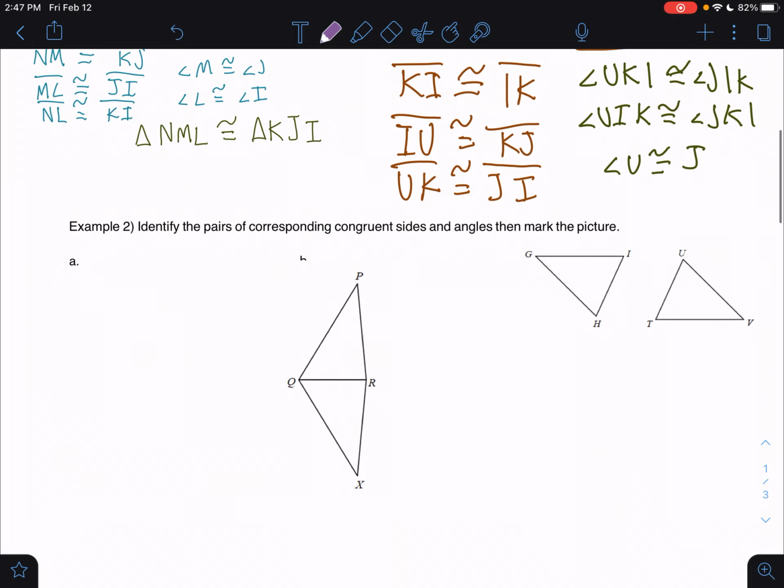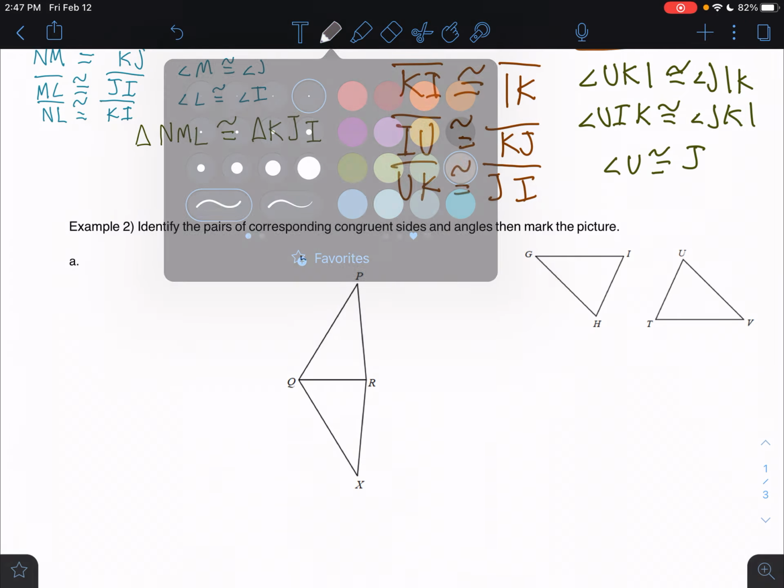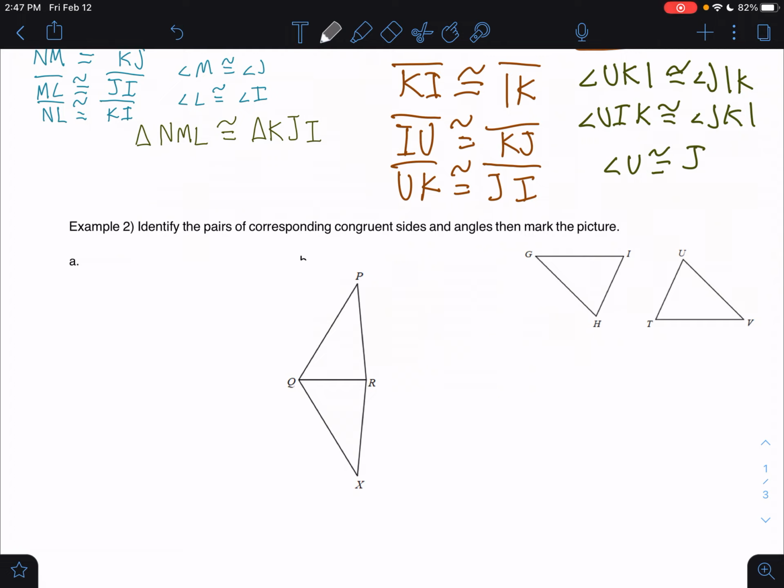Okay, next we have to identify the pairs of corresponding congruent sides and mark the picture. So this time it wants us to actually mark this on the picture. So we have triangle RQP, and that is congruent to triangle RQX. So I know that my RQ and my RQ is congruent.